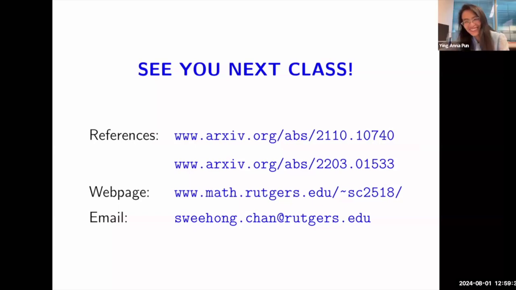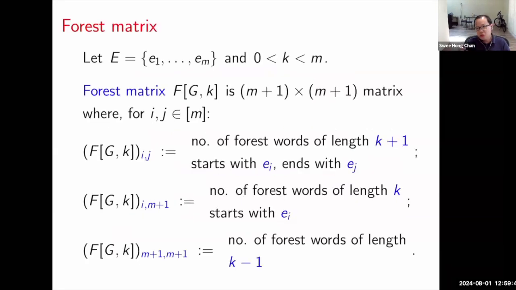But there are usually some tips. Let me go to the forest matrix. Where is it? Yeah, usually the idea is that you try something simple first, which is to try the case when k is small, like when k is equal to 1. In that case, things are usually simple enough that there are not so many rooms for you to guess.